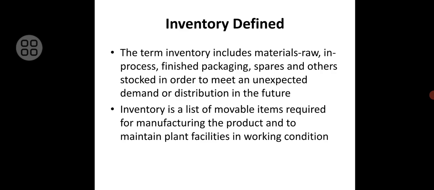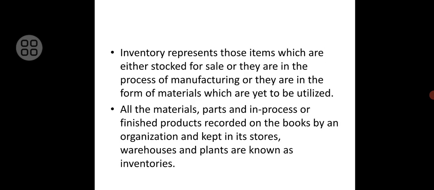Here is the inventory definition. The term inventory includes raw materials, in-process items, finished goods, packaging, spares, and others stocked in order to meet an expected demand or distribution in the future. Inventory is a list of movable items required for manufacturing the product and to maintain plant facilities in working condition.